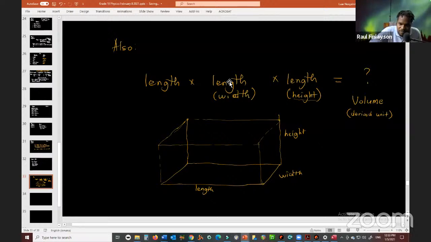All right, length basically multiplied 3 times. Length times length times length. And sometimes we call one of the lengths width and we call another one the height. All right. So length times width times height. That's how you derive the unit. Now the next thing is that you'd have to know what volume is.